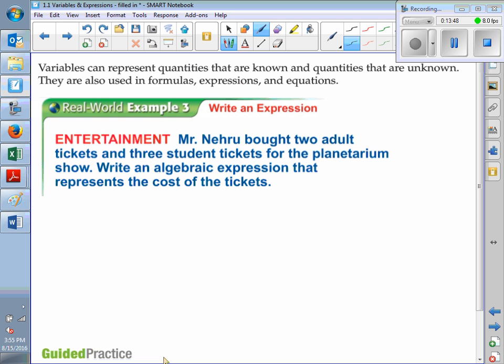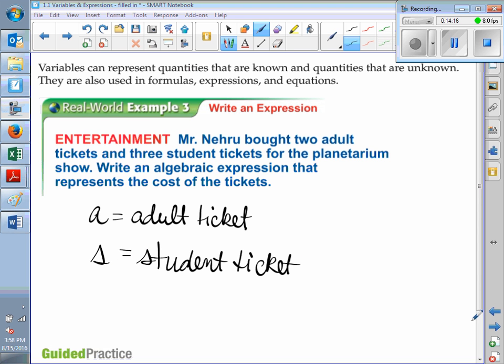We can say the adult ticket is going to be A, right? A is equal to the adult ticket. Okay, and we always want to identify our variables. We always want to define our variables. And then for the student ticket, let's call it x. So how many adult tickets did he buy? 2.